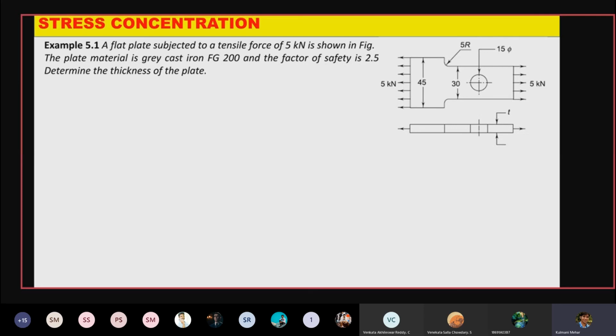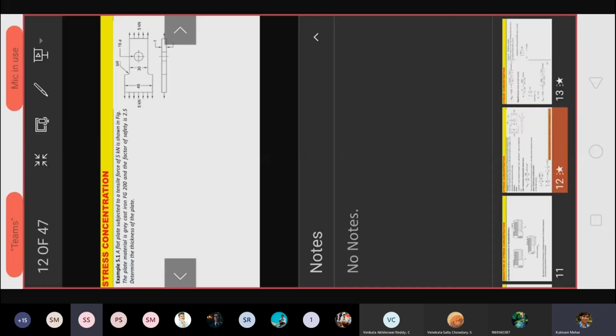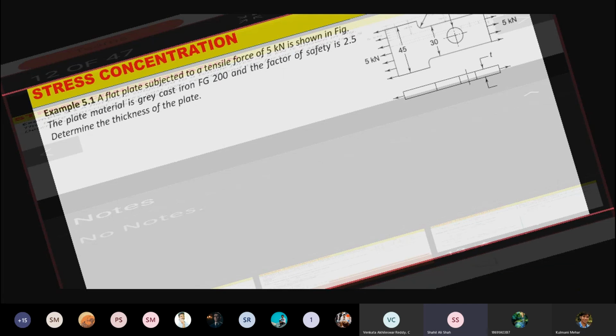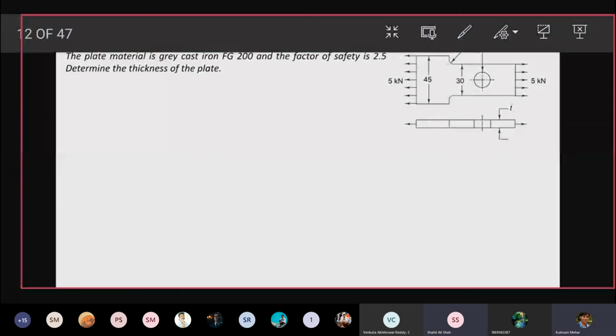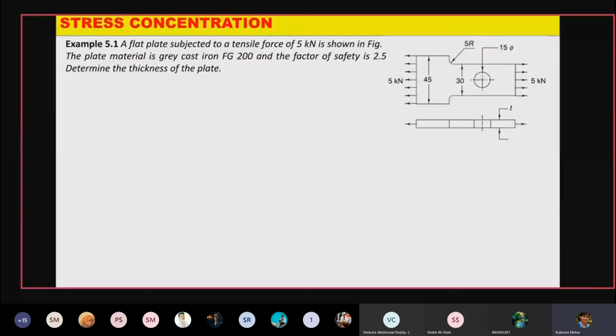If you remember, in material selection we explained different types of material. FG means grey cast iron, sir, and 200 is the tensile strength, sir. Very good. This type of question may come, so we should know that. Ultimate tensile strength is 200 for grey cast iron.